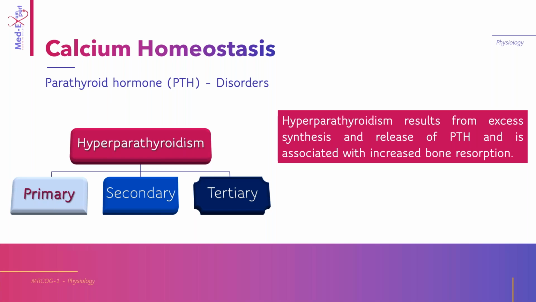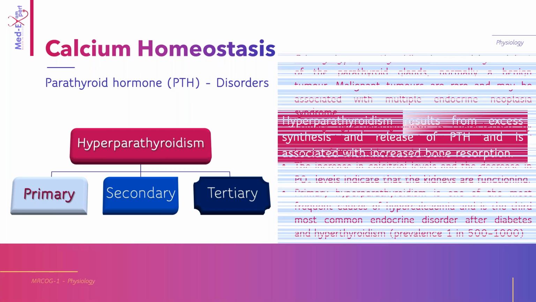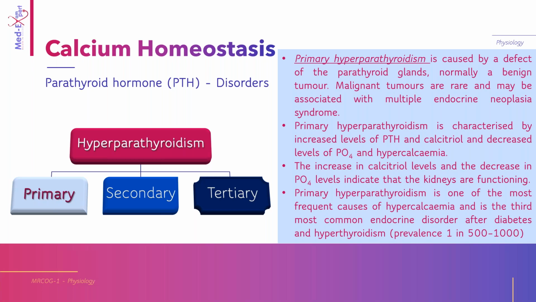So what is the difference between primary, secondary, and tertiary? Primary hyperparathyroidism is usually due to a defect in the parathyroid gland, mainly a benign tumor or gland hyperplasia, or maybe rarely a malignant tumor.